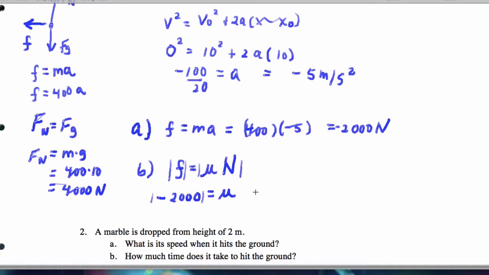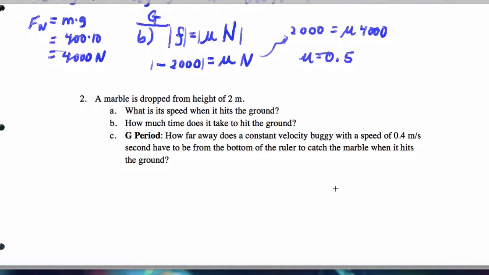That's better. So we're going to end up getting 2,000 is mu times 4,000. And this is again for G period only, this part. So we're going to get mu equals 0.5.